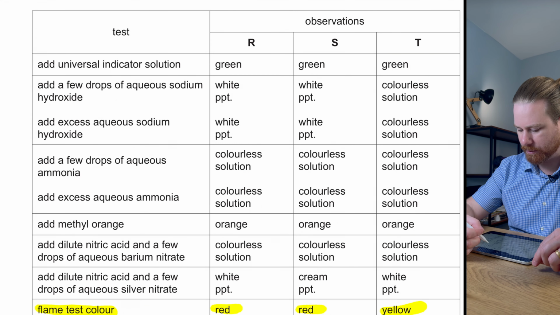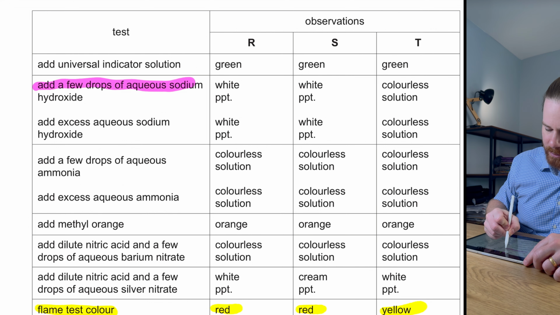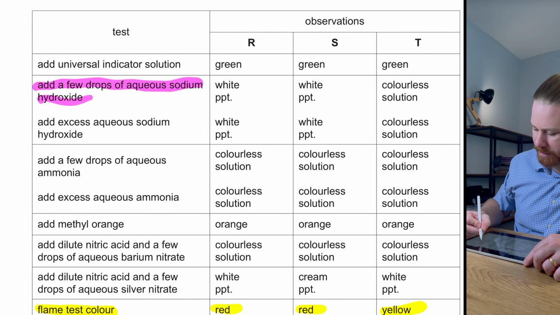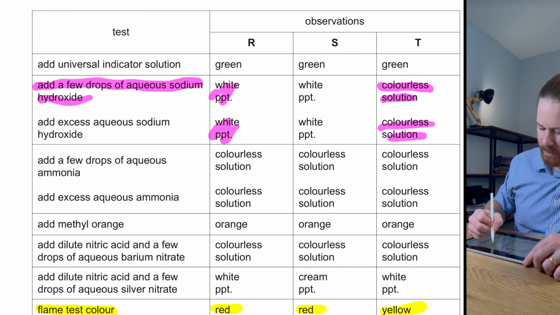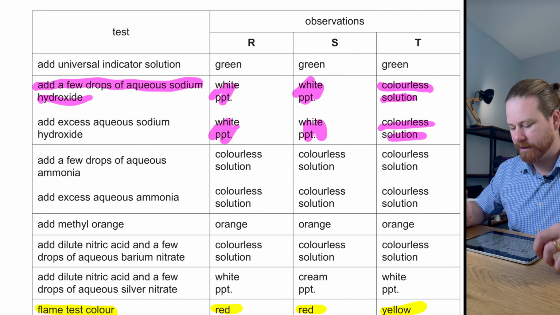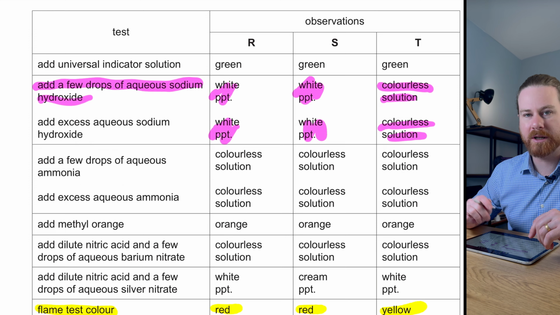So let's see what is going on over here. A few drops of aqueous sodium hydroxide, colourless, and then these are forming white. So again, because we're getting this unique result, this is how we can identify T.